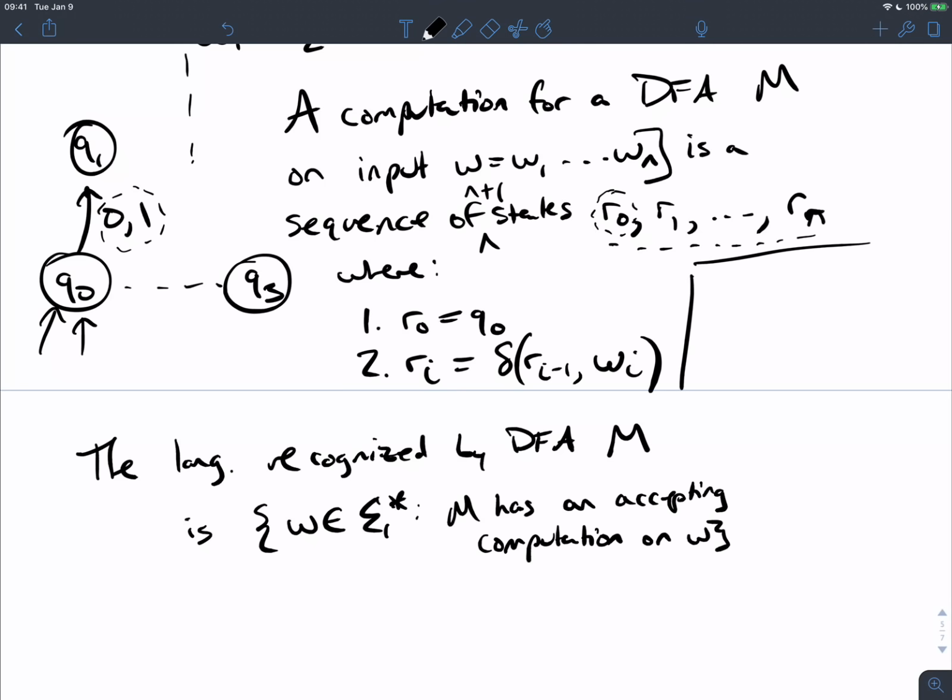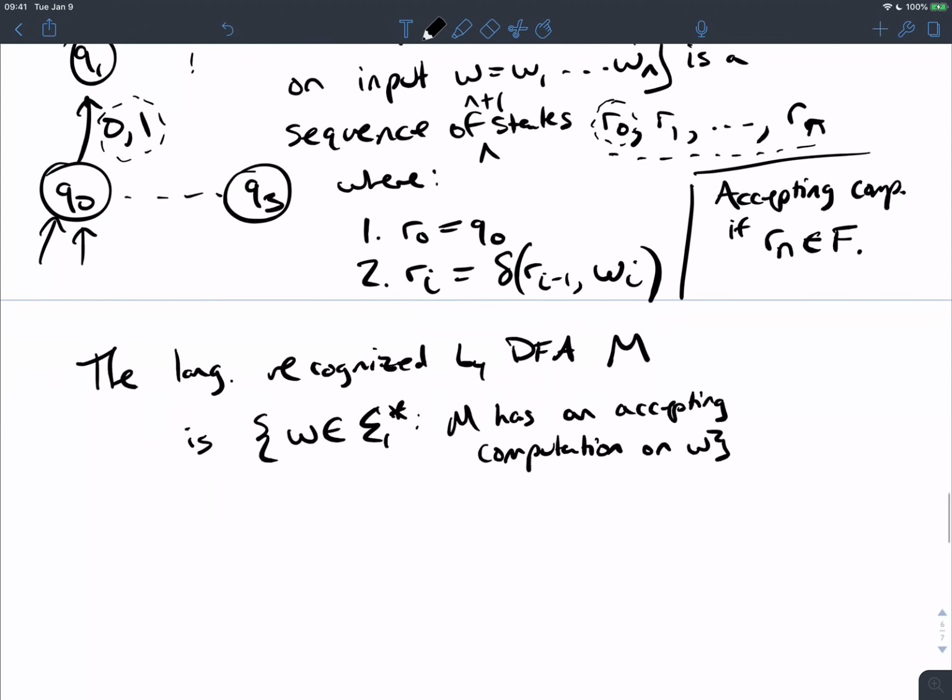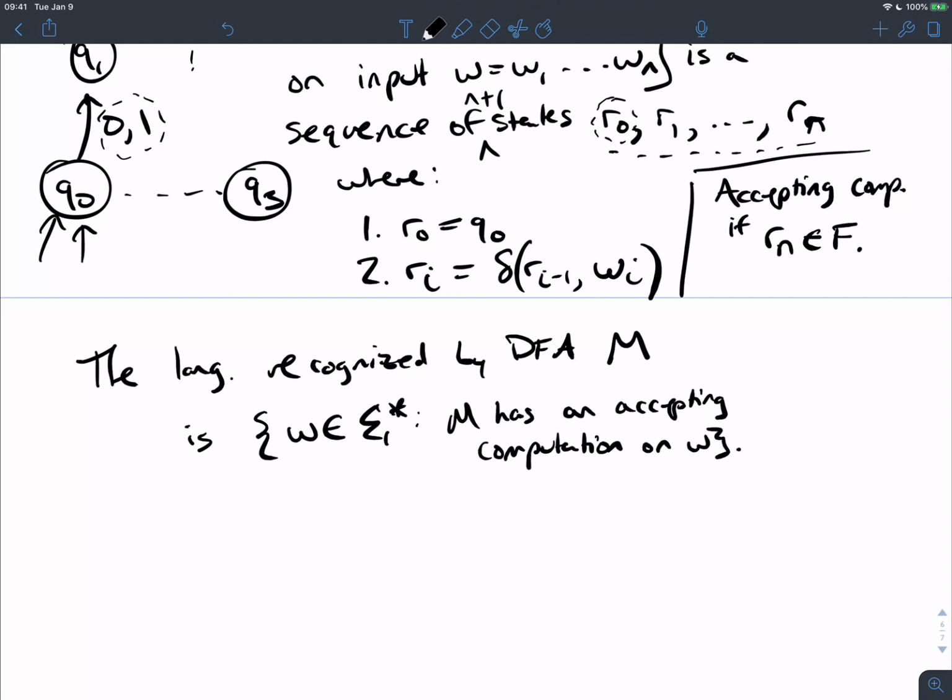So we should make an addendum to this. Accepting computation if Rn is a final state. It doesn't matter whether any of the other states were final, it's just the last one that counts. Okay? Does that make sense?